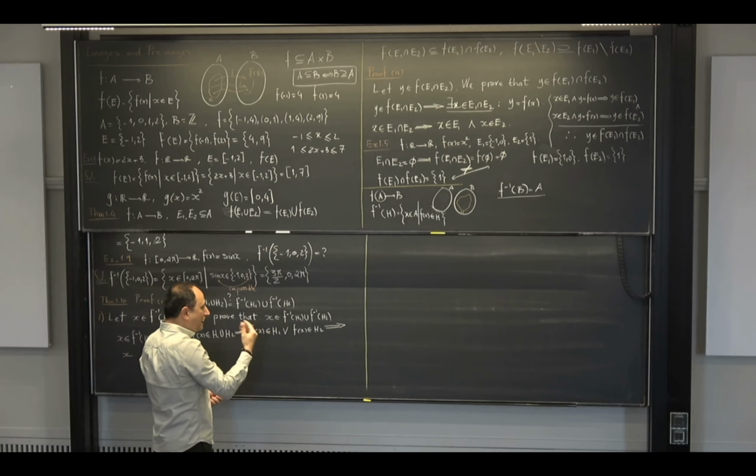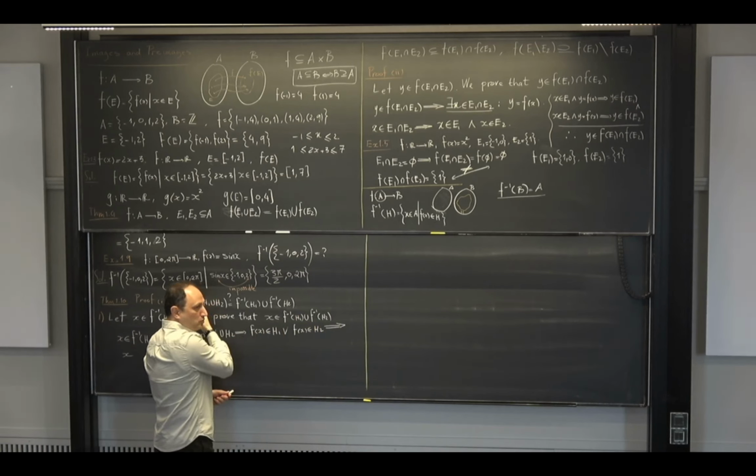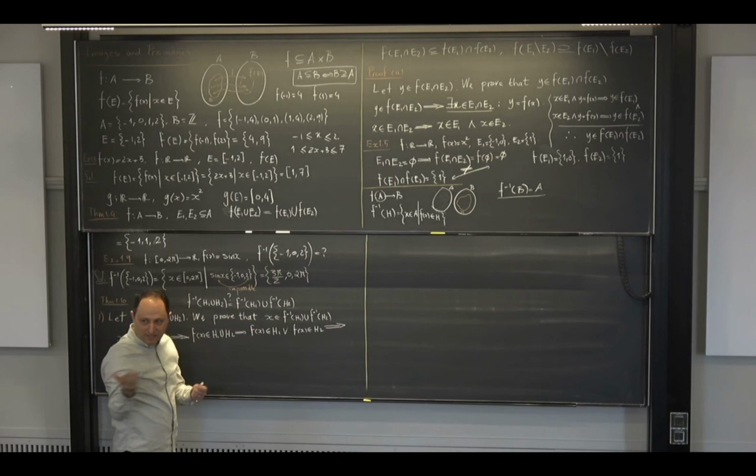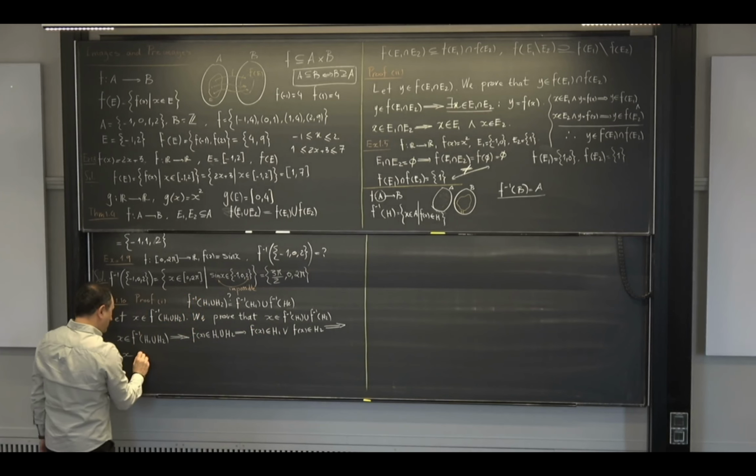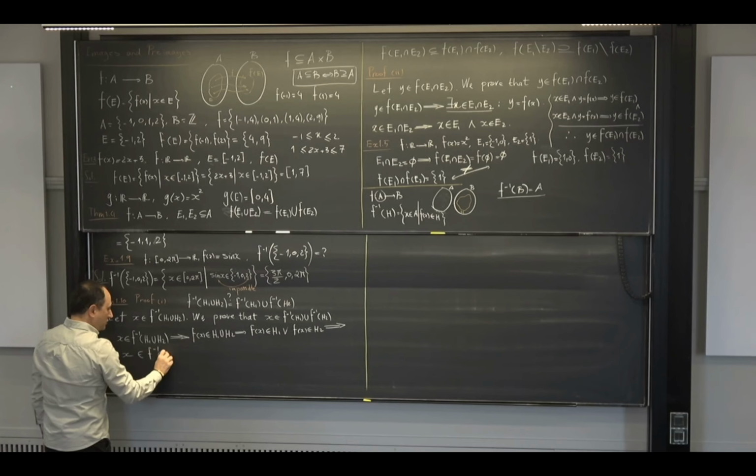But now I am telling you, forget about this. I am telling you X is somewhere in the domain. But when I apply F on that, I will find myself within H. So where is that X? Yes, the inverse image. Exactly, so it's like a circular loop. X belongs to F inverse of H1. Do you agree?